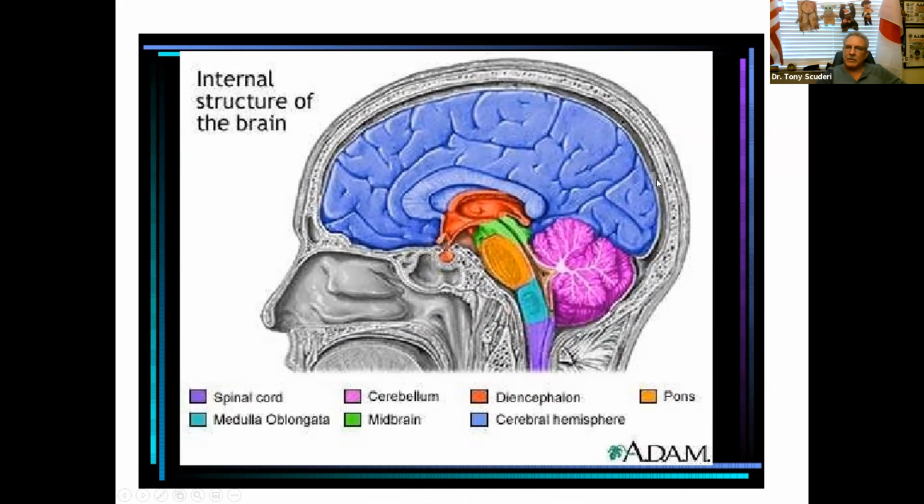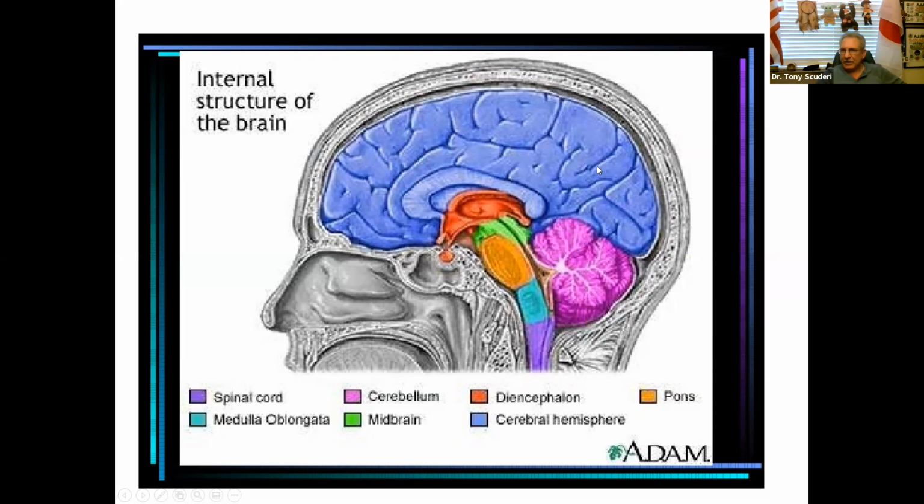This area is filled with cerebrospinal fluid. It is called the meninges. This is the meninges. The job of the meninges is to protect the brain from any type of concussive issues. So when you smack yourself in the head like this, your brain isn't hitting the skull. It's being cushioned by this area called the meninges.